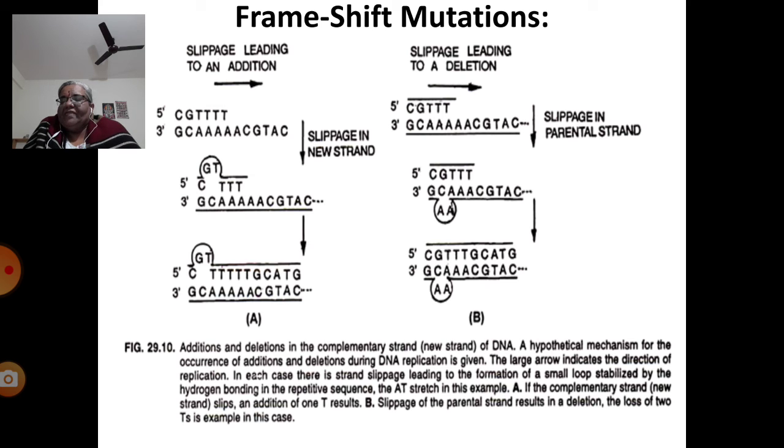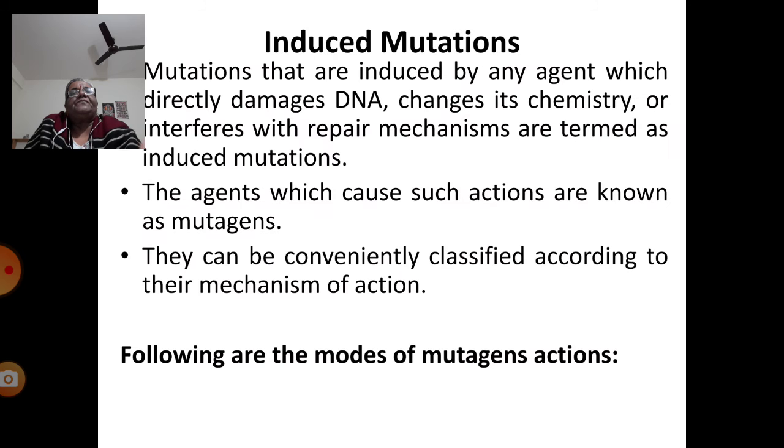In each case, there is a strand slippage leading to the formation of a small loop stabilized by the hydrogen bonding in the repetitive sequence, the AT stretch in this example. In A, if the complementary strand, that is the new strand, slips, an addition of T results, and B shows the slippage of the parental strand that results in a deletion, the loss of two T's. So, this is what happens exactly in frame shift mutations.